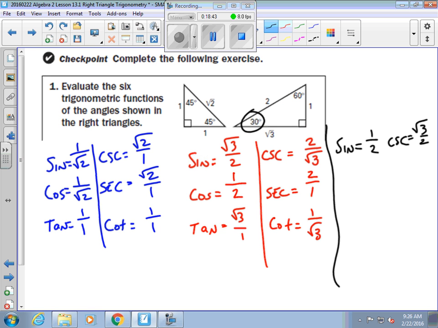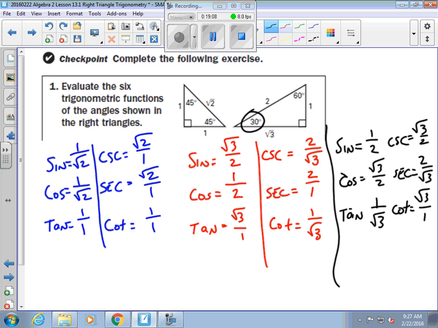The cosine of that one is the adjacent over the hypotenuse, the square root of 3 over 2, which means its secant is 2 over the square root of 3. And the tangent of that one is the opposite over the adjacent, 1 over the square root of 3, which means its cotangent is, when you reverse it, the square root of 3 over 1.